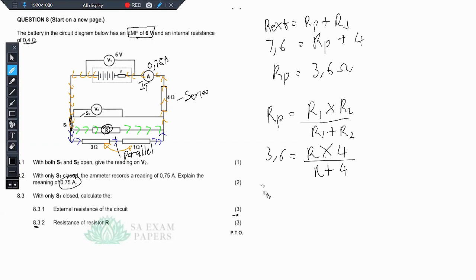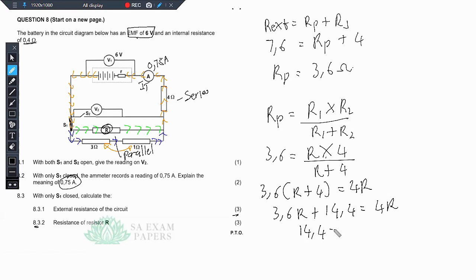Now all we have to do here is cross multiply. So 3.6 bracket R plus 4 is equal to R times 4, which is 4R. Now we can multiply inside here: 3.6R, and then 3.6 multiplied by 4, we get 14.4, and then it's equal to 4R. At this point we can just take the 3.6R and transpose it over to that side.